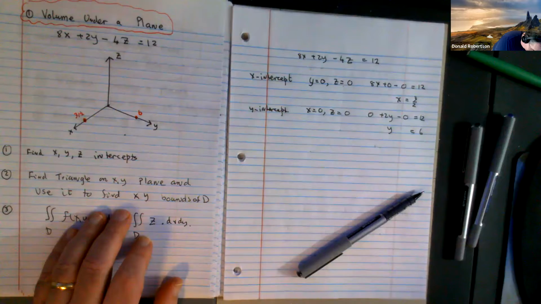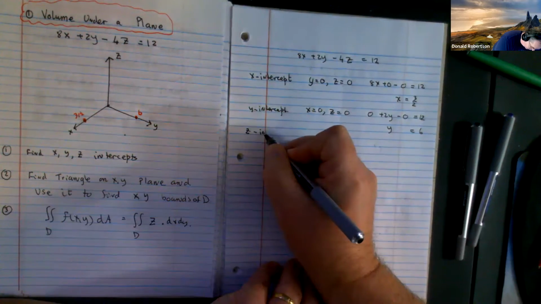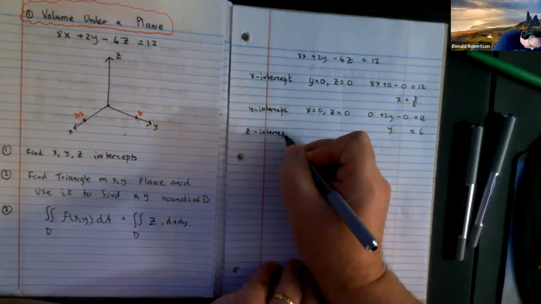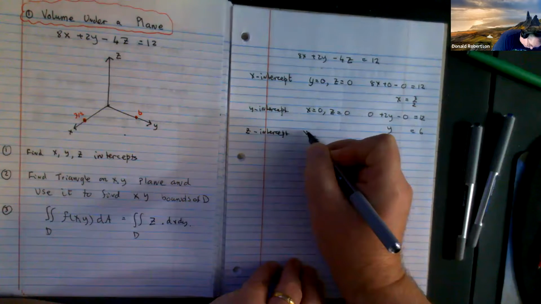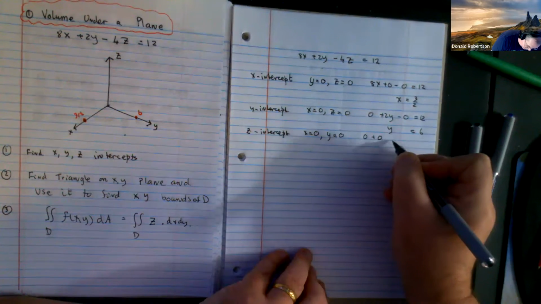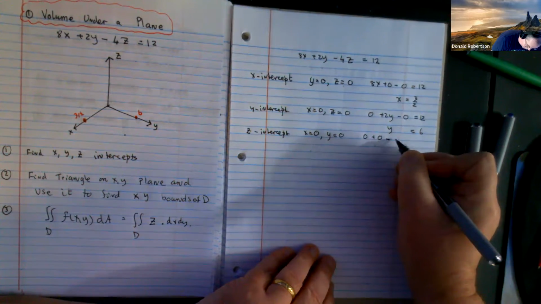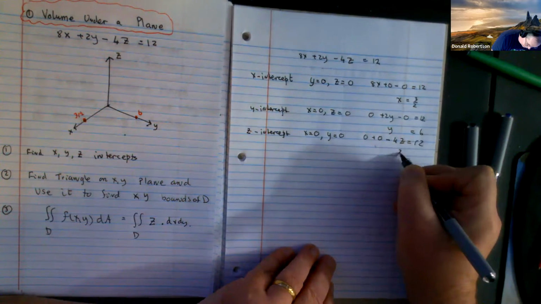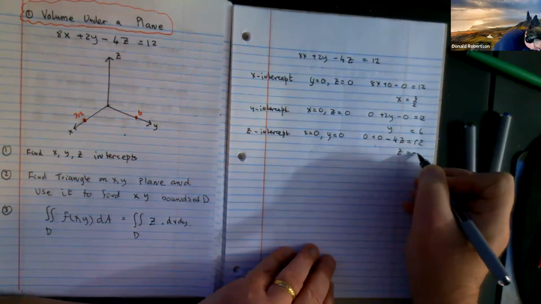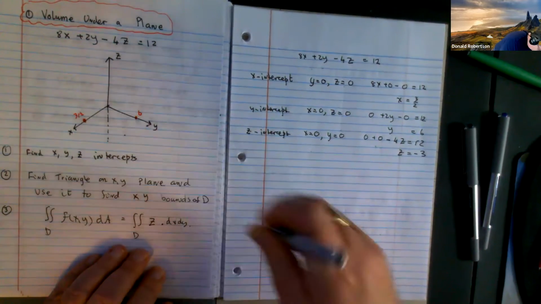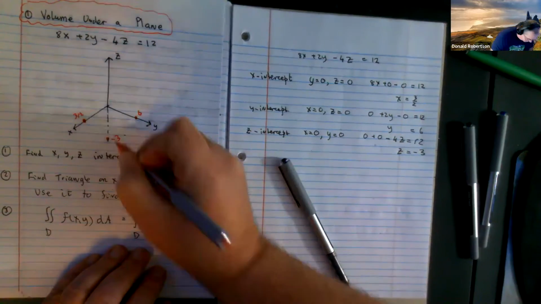And finally, you get the z-intercept. You get that by making the x 0 and the y 0. In this case, that's nothing plus nothing, take away 4z equals 12. And so that makes z equal to -3. So technically speaking, our point is down here.